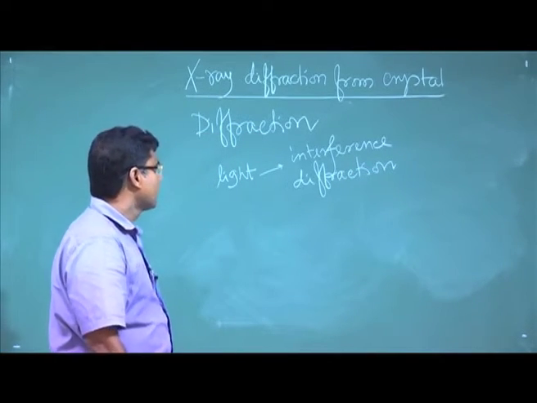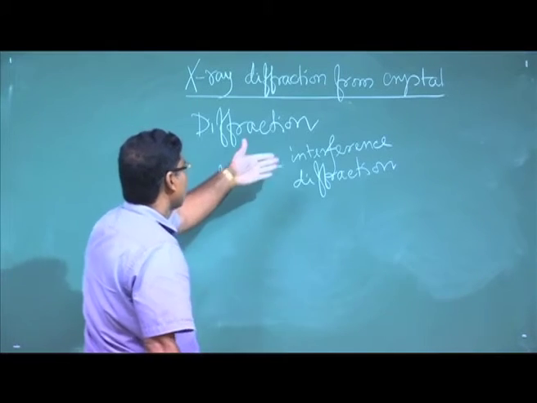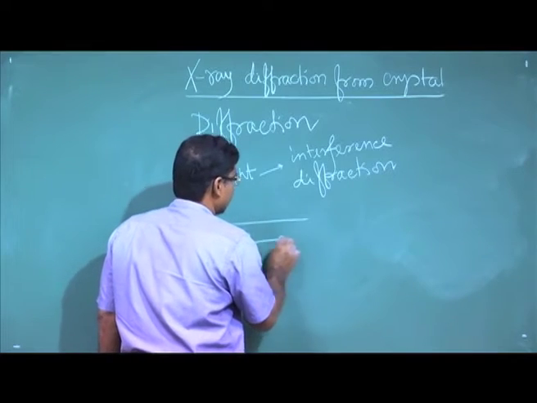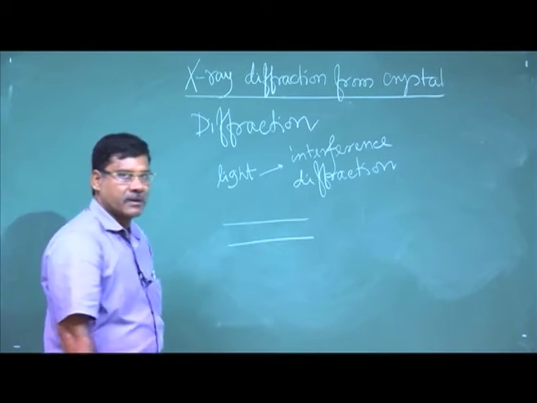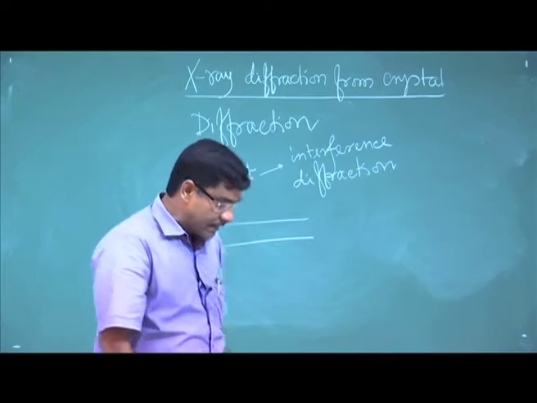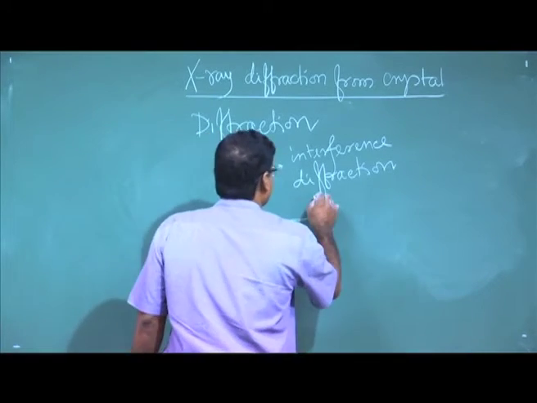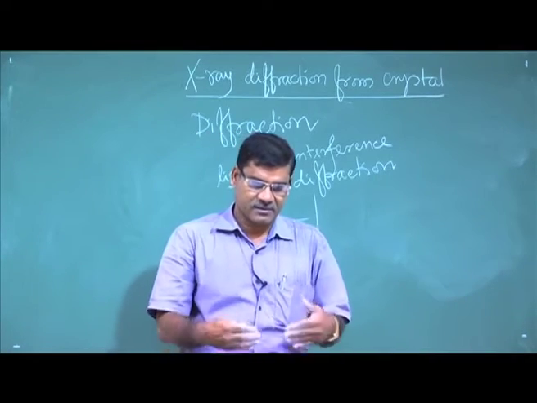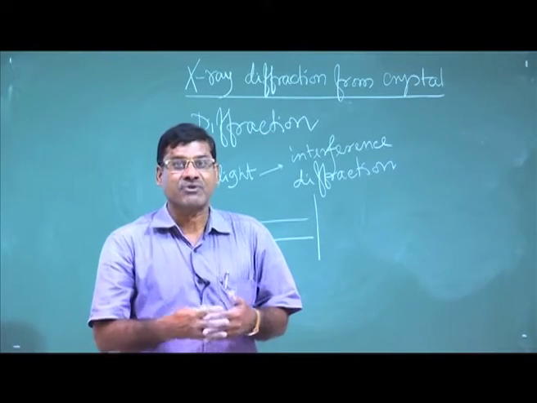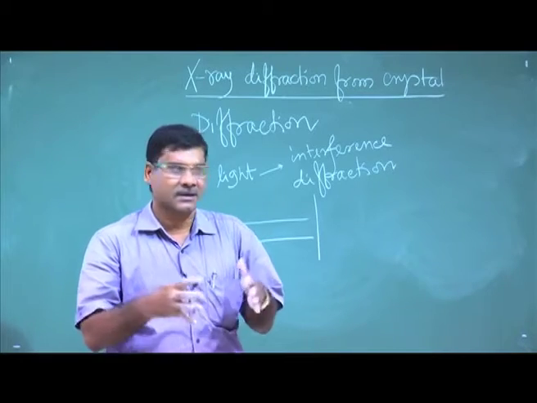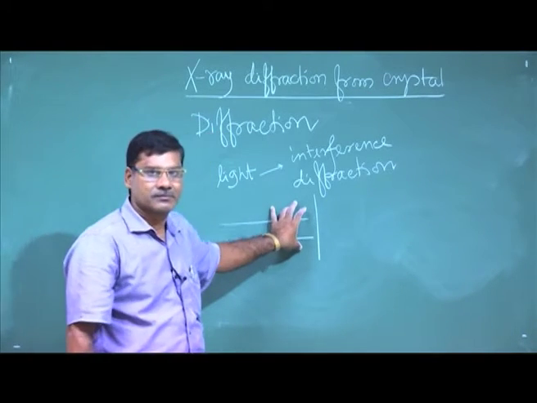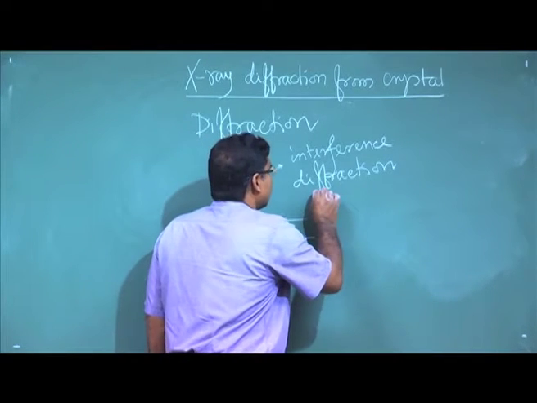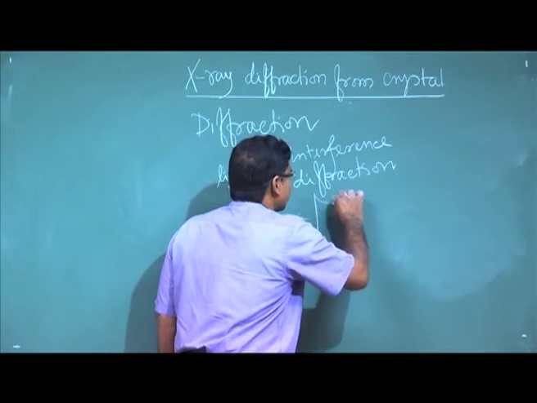Interference and diffraction. What is interference? These two waves are coming, they overlap, and then interestingly the resultant intensity is not uniform, it is not just the summation of these two. Okay. So, it shows a nice variation of intensity.